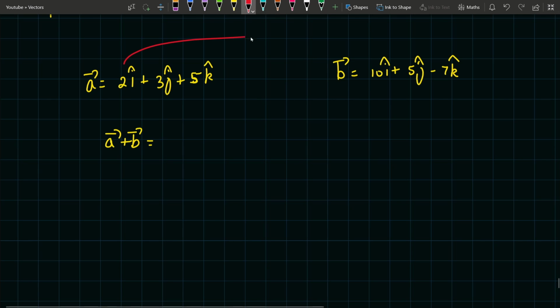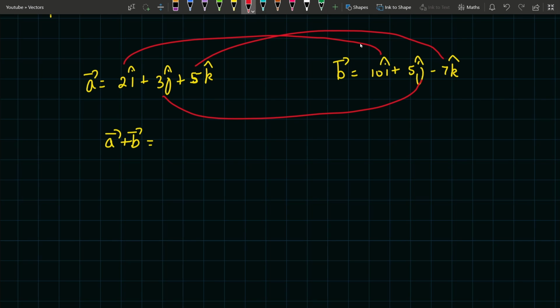That is, add the x components together, add the y components, add the z components. That's all. So A plus B can be written as 2 plus 10 will give you 12 I cap plus 3 plus 5 will give you 8 j cap, and 5 minus 7 will give you minus 2 k cap. And that's how you add two vectors in IJK format.